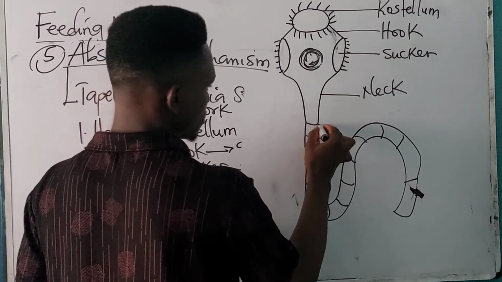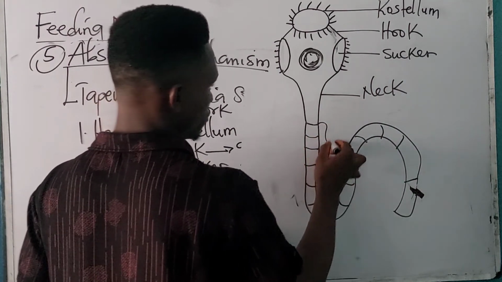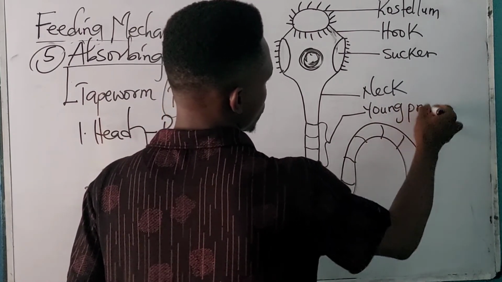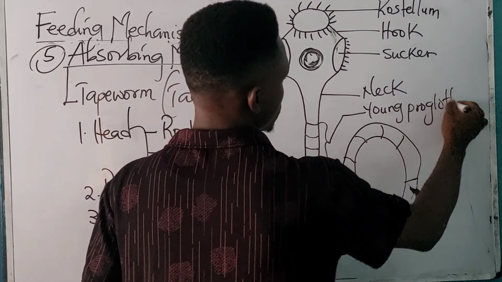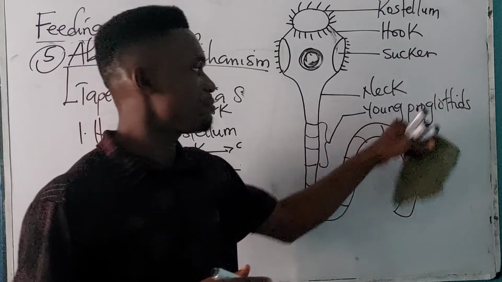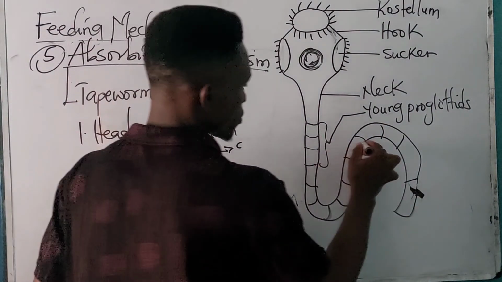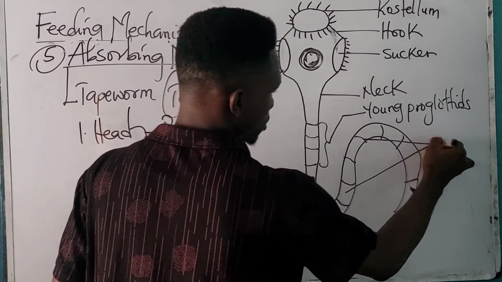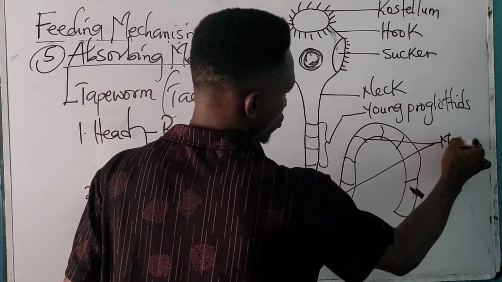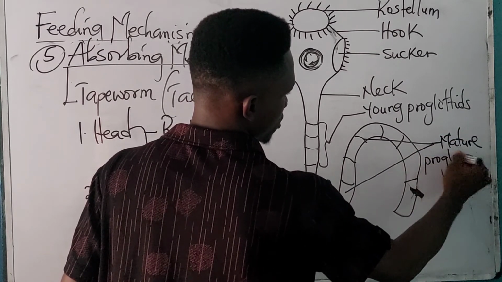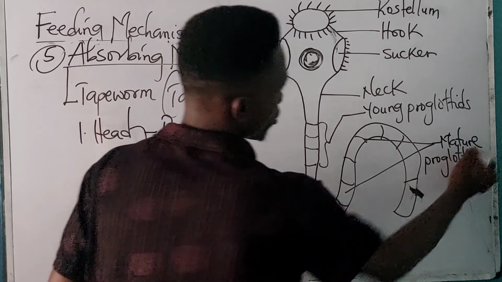Now these first divisions are called young proglottids. I told you the function of the proglottids is what? Efficient absorption. While these other parts here are called mature proglottids.